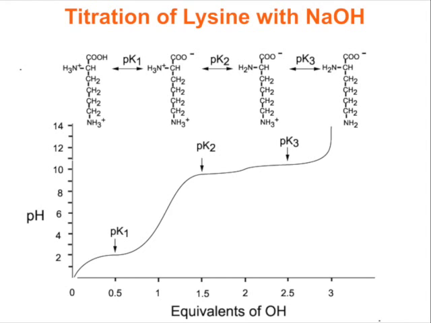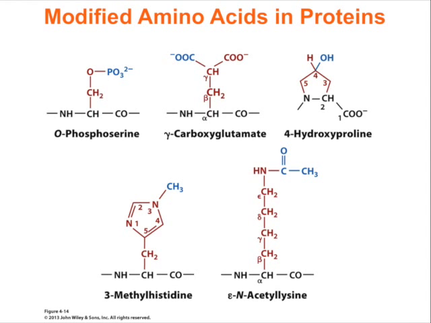Now I want to take a second to talk about amino acids. We've set the stage with 20 standard amino acids, and that is indeed the case. There are 20 standard amino acids that are included in proteins, but some amino acids can be modified. By no means are there only 20 amino acids in the body.